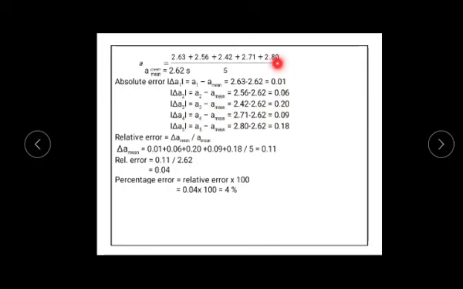After getting these values, add all of them and divide by the number of readings. 5 readings are here, so divided by 5, you will get delta A mean. Delta A mean divided by A mean gives relative error. Then relative error into 100 gives percentage error.